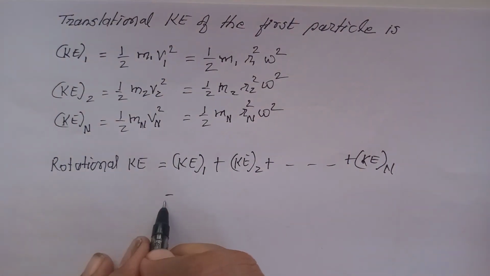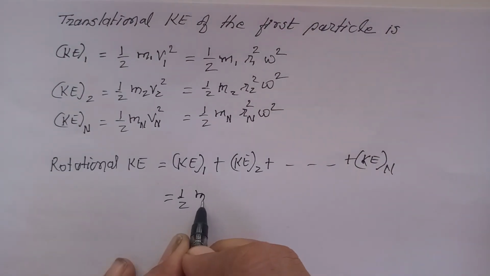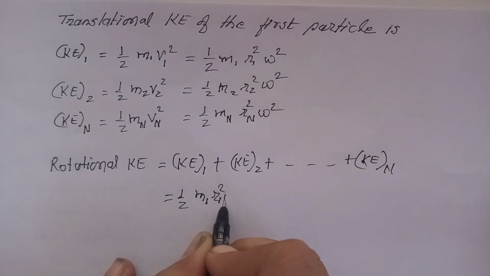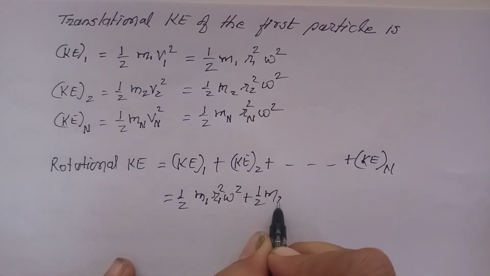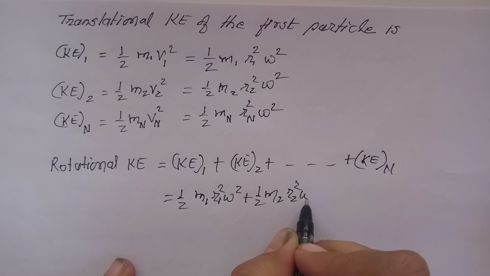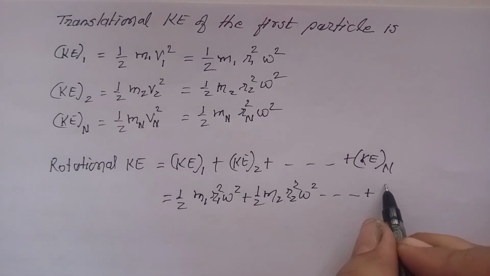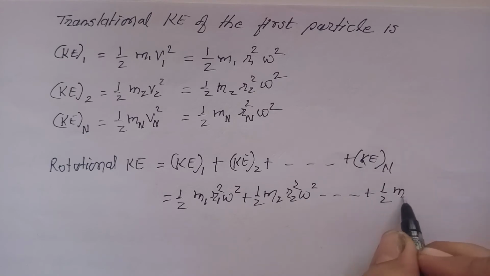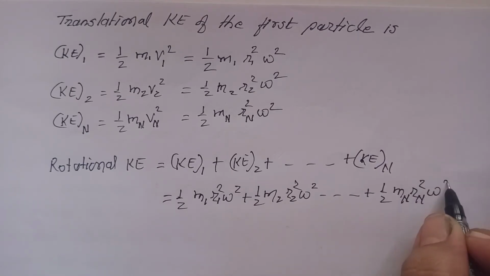So we get half m1 r1 square omega square plus half m2 r2 square omega square plus and so on, plus half mn rn square omega square.